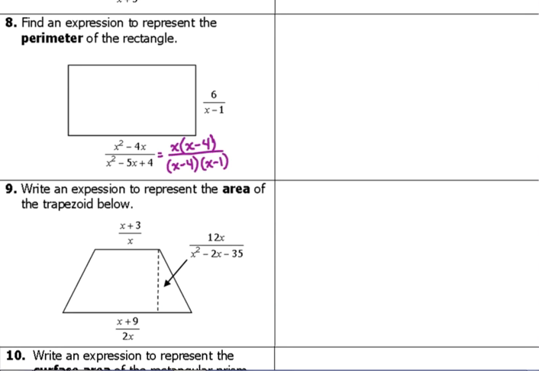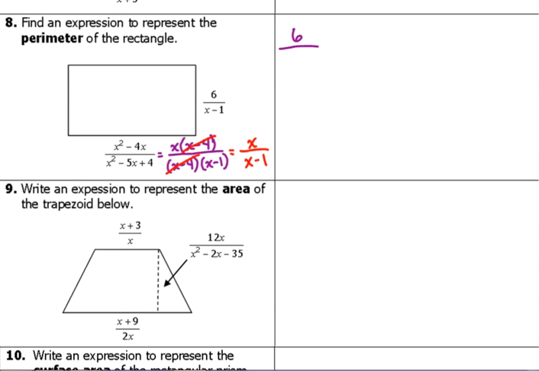Negative 4 plus negative 1 is negative 5. What can we do? We cancel the x minus 4s. So this length really is just x over x minus 1. So it looked like, to begin with, that we did not have like denominators, but actually we do. We just needed to simplify that expression.